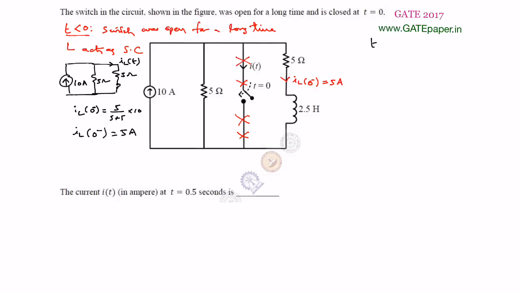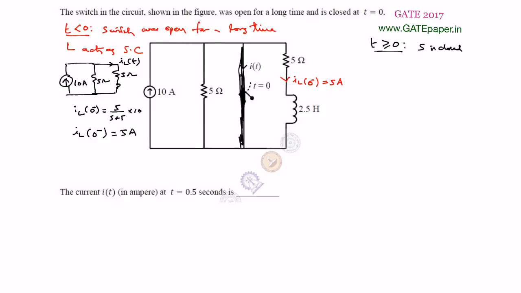Now for t greater than or equal to 0, the second case, the switch is closed. When the switch is closed it acts as a short circuit. So this line is present, that means the short circuit is present.